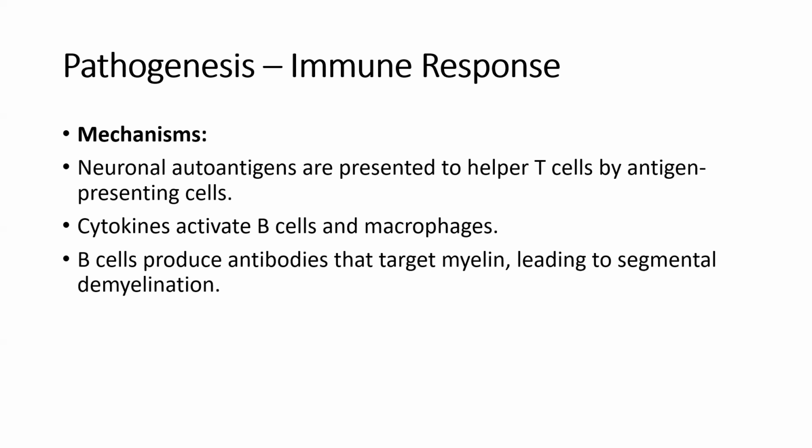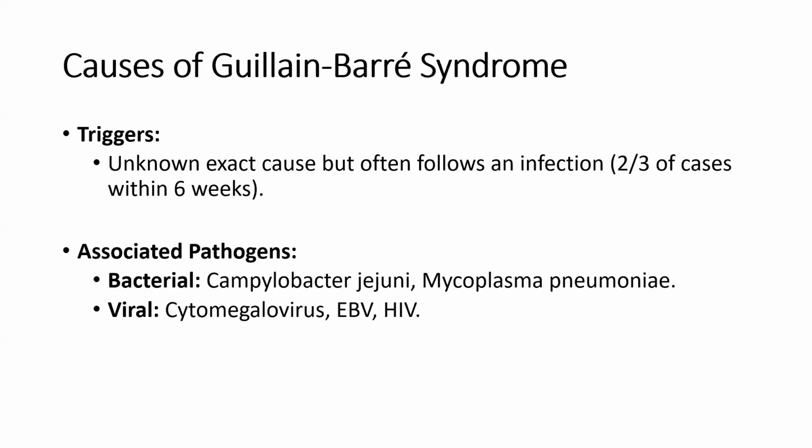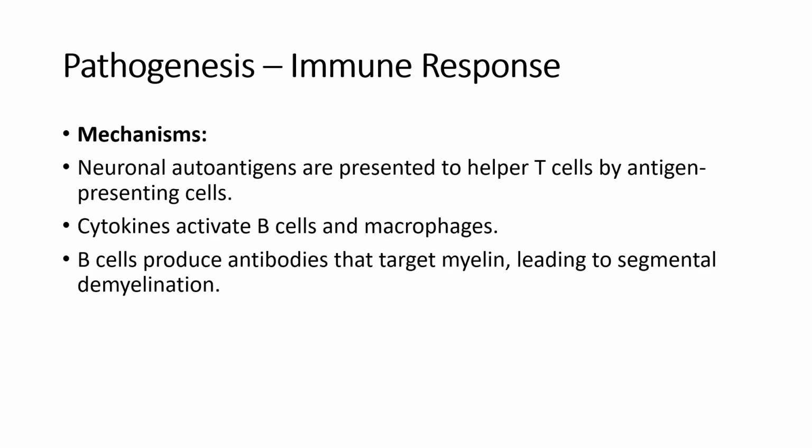Because they look alike, when the body is making antibodies against the oligosaccharides on the body of the pathogen, in this case Campylobacter jejuni, the body is also going to attack the gangliosides.